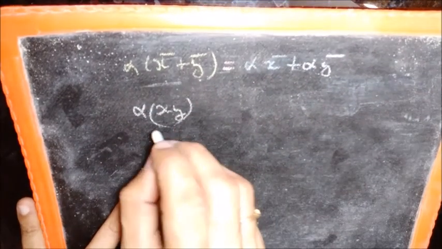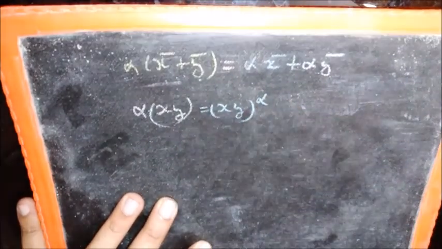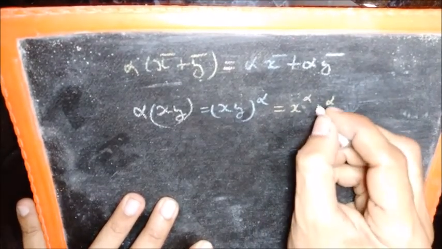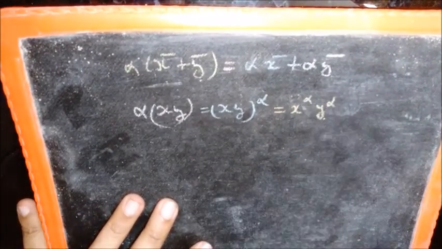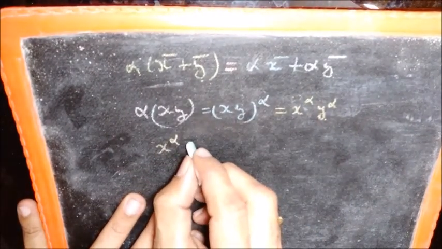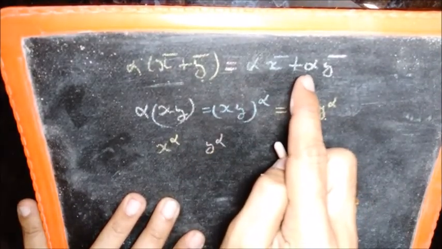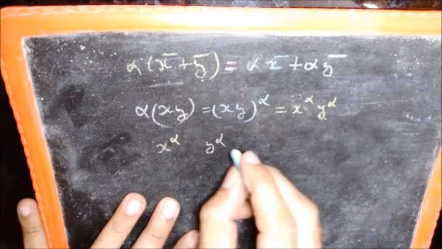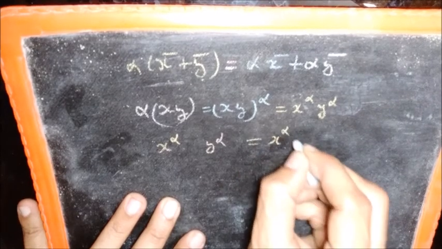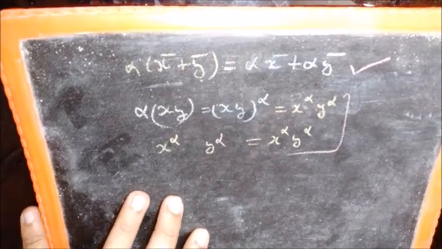So alpha into xy, the way we have defined scalar multiplication, will be xy raised to alpha. That is nothing but x raised to alpha, y raised to alpha. Now on the right hand side, alpha into x is x raised to alpha, and we are adding to it y raised to alpha. The sum, the way we have defined addition, will be x raised to alpha, y raised to alpha. So we can see that this property is also satisfied.